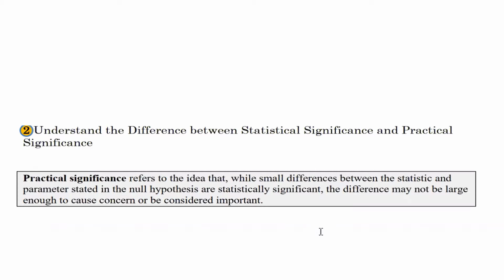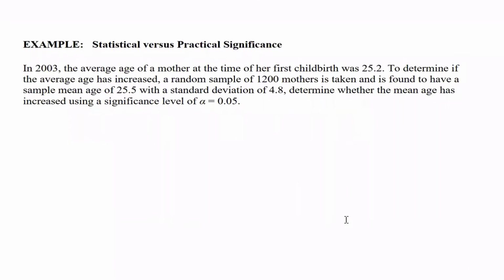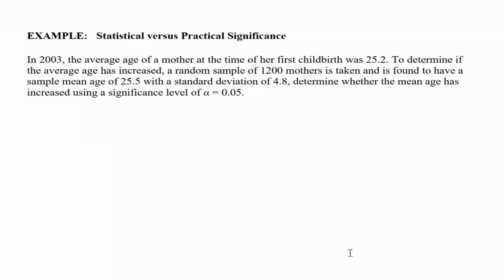So in other words, you obtain evidence that tells you the results are statistically significant, but the differences aren't enough to make you feel like it's really that big of a deal from a practical point of view. So let's look at an example of this, and then I'll elaborate a little bit on this.